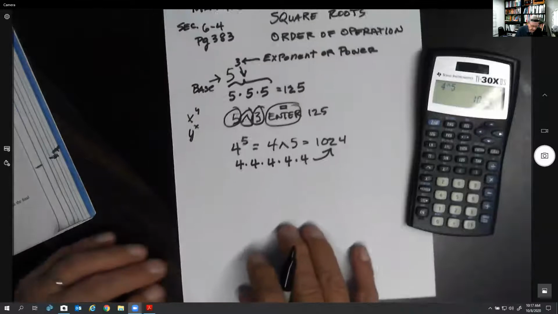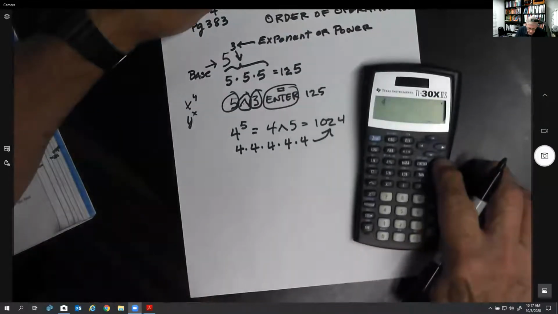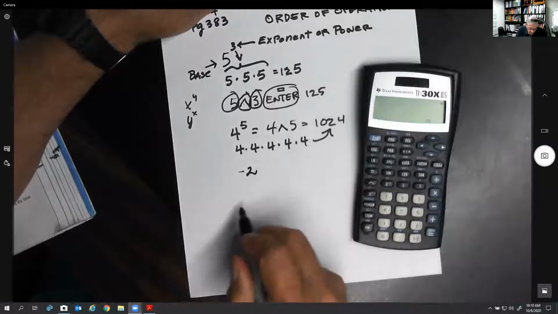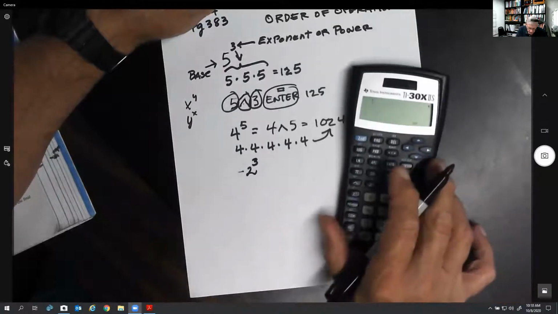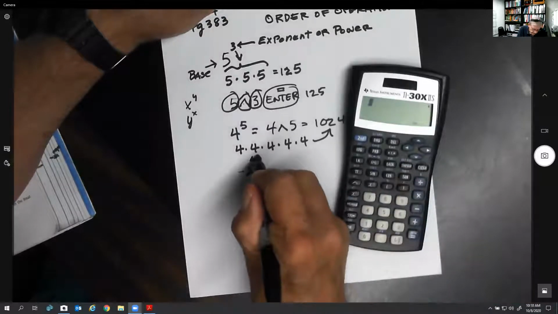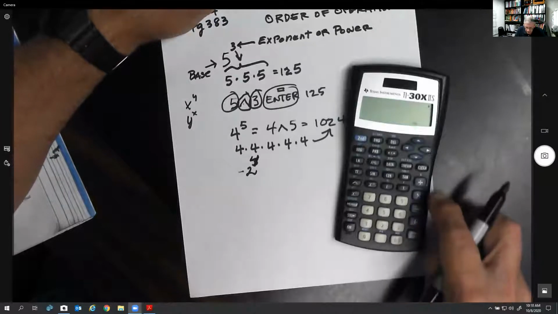Not too bad. Now, let's try a problem like this. Let's suppose we have a negative 2, like this, and we want to raise it to the third power. Let me see what happens here. Oh, let's raise it to the 4th power. Okay, let's try it. Now, you don't want to hit the minus sign.